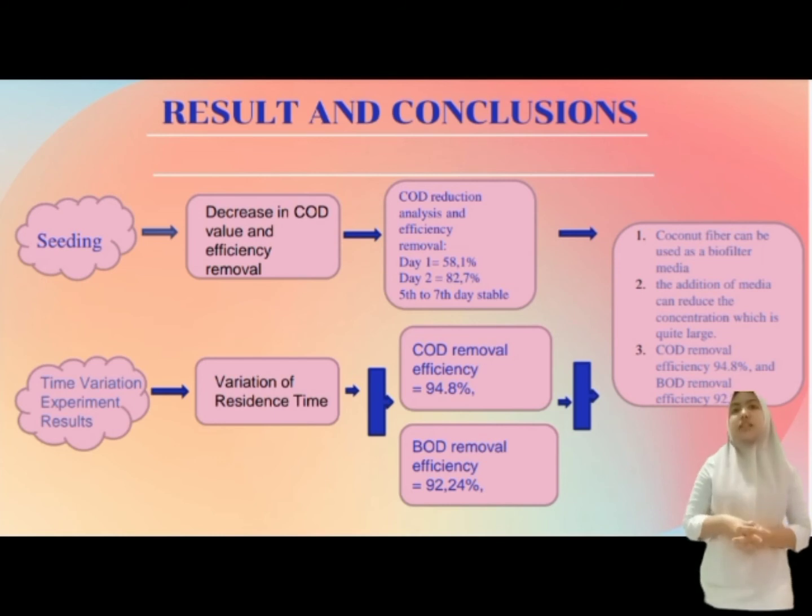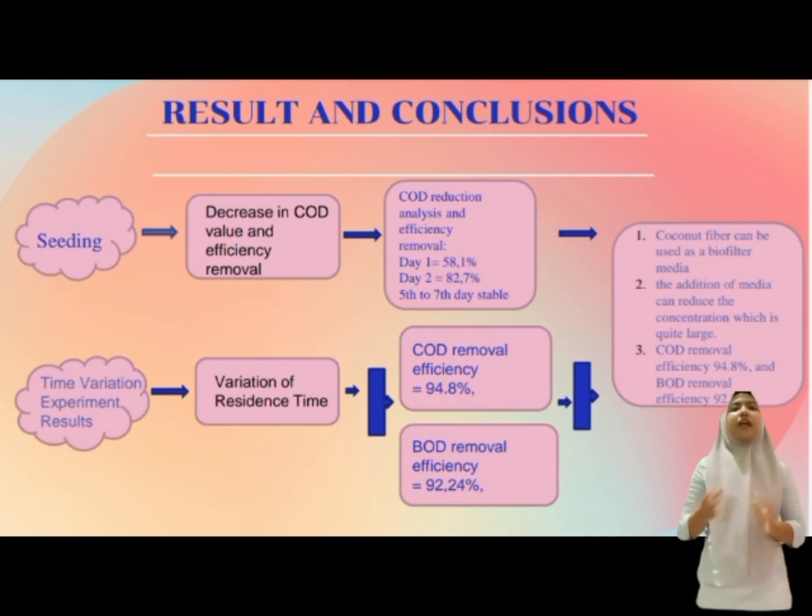Then it was found that COD removal efficiency on the first day of removal efficiency assay was 58.1%. This happened because there were not many microorganisms in the reactor attached to the media.